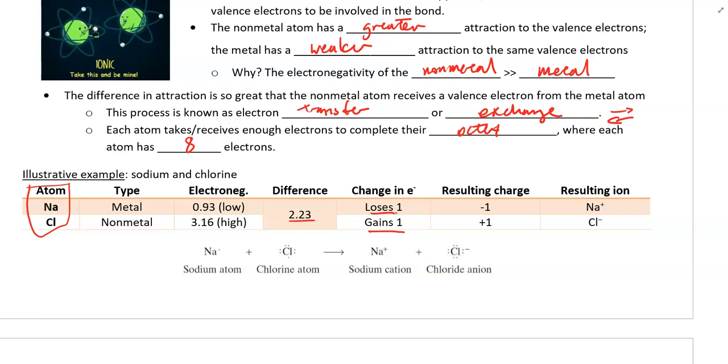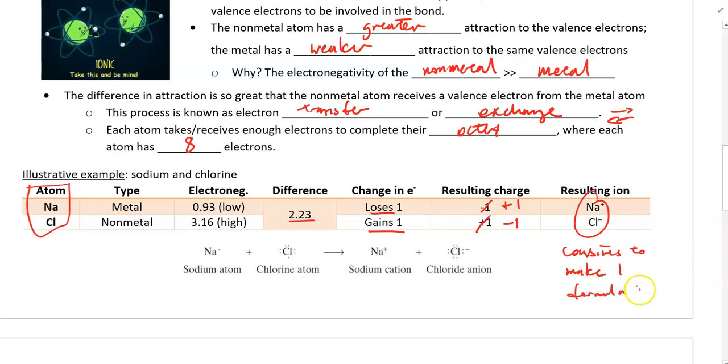Because chlorine gains an electron, you have a -1 charge with chlorine, and then a +1 charge with sodium, because sodium lost the electron and chlorine gained it. Finally, the resulting ions, represented as Na with a positive charge and Cl with a negative charge, attract each other. That's what allows you to form one formula unit. So this combines to make one formula unit.